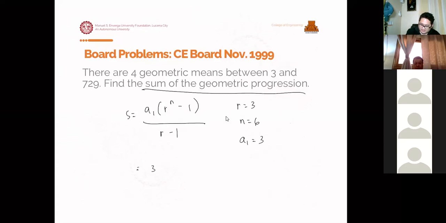So, 3 times 3 raised to 6 minus 1 over 3 minus 1. Sa calcu, 1092 yung sum niya.